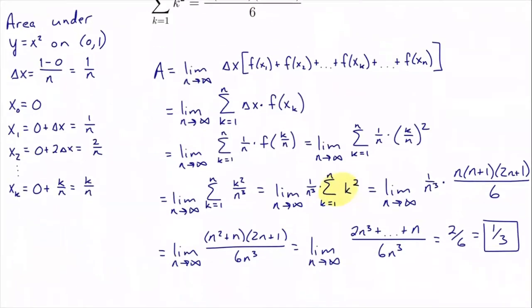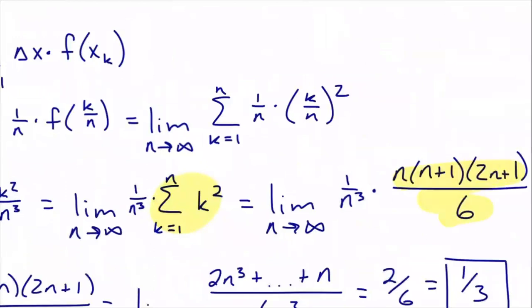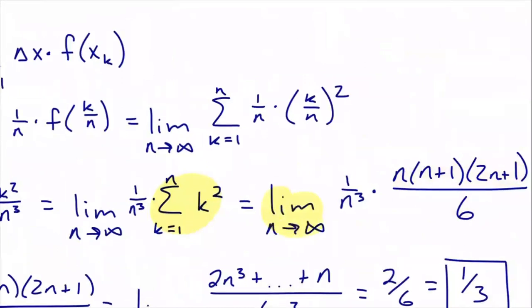The summation goes away, and we replace it with this expression. It's because these two highlighted pieces are equal to each other. That's the formula that was given to us in this problem. And this is the key step, because at this point, the only work left to do is to evaluate the limit as n goes to infinity of this expression right here.